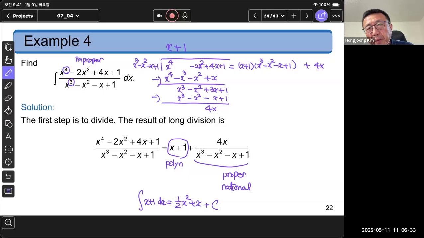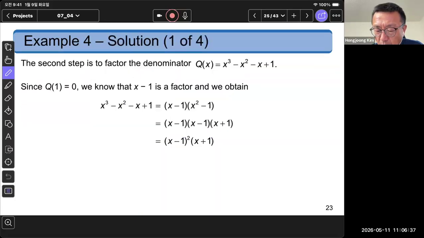So what is the next step? You need to split the denominator. So when you consider the factorization of the denominator, you get this expression. This is high school math, so probably you can do this calculation yourself.